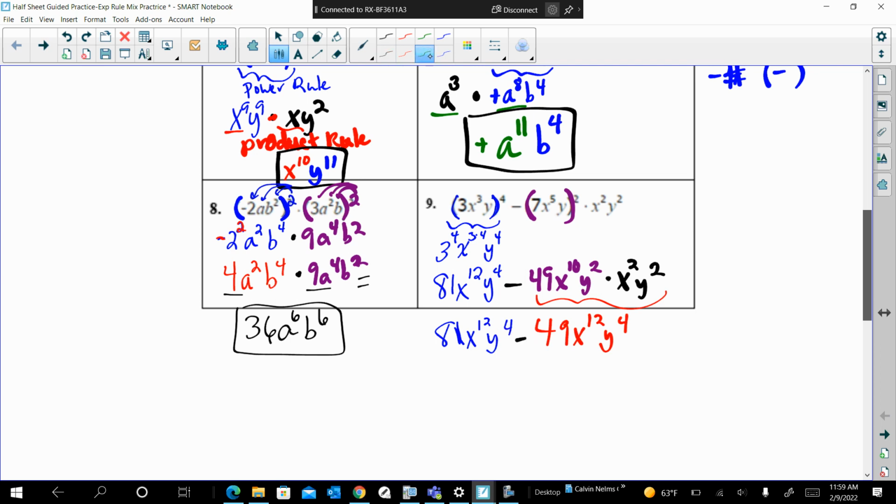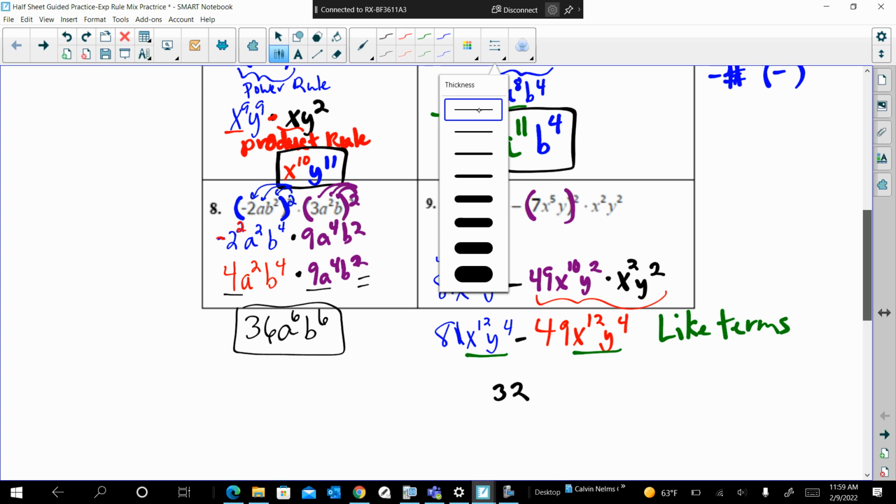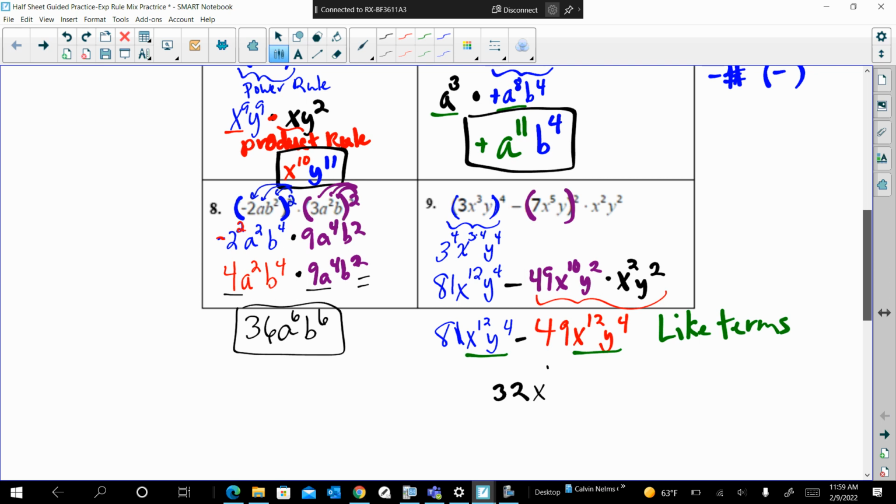Because the variable and the exponents are the same, that means you have like terms. So now we're just subtracting the coefficient. You don't change the variable and exponent. You keep it the same, and you just subtract the coefficient. So 81 minus 49, it's going to leave you with 32. And then you keep that variable the same. So x to the 12th, y to the 4th.